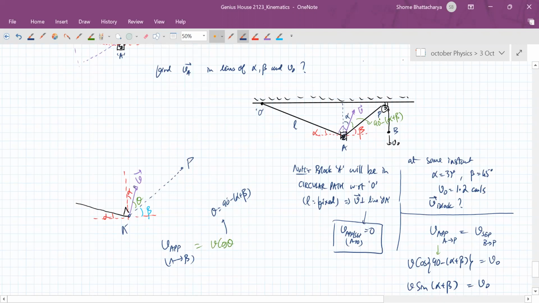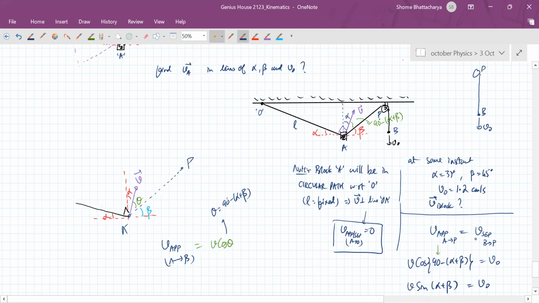Sir, the other part, the right hand side? That's direct. See, this is falling vertically. The pulley is here and this is falling vertically. So the separation velocity of the point B from P is directly V naught, because here there's no angle involved. It's moving along that line PB only. Sir, but we have to take it along AP?